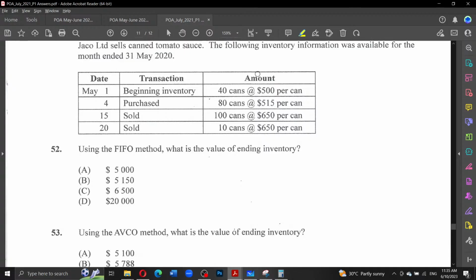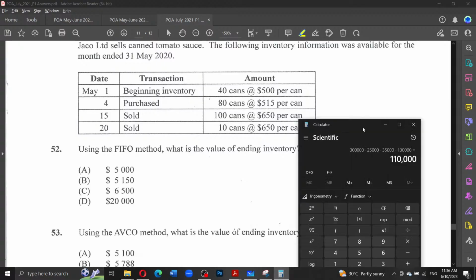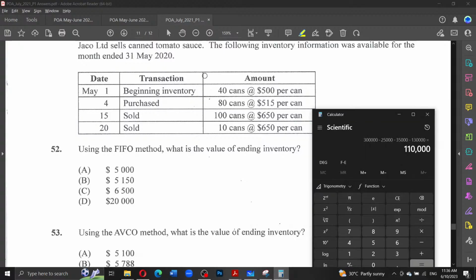So we start with 40, we purchased 20, that's 120 we have. And they sold 10, 110. So that means that 10 inventories are remaining, and using FIFO, you're starting from the very beginning here. So the 10 inventories that are left are valued at the last price, which is 515.